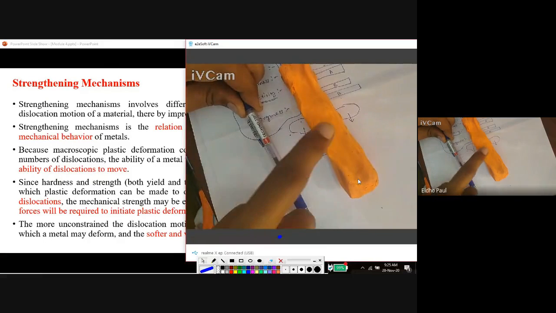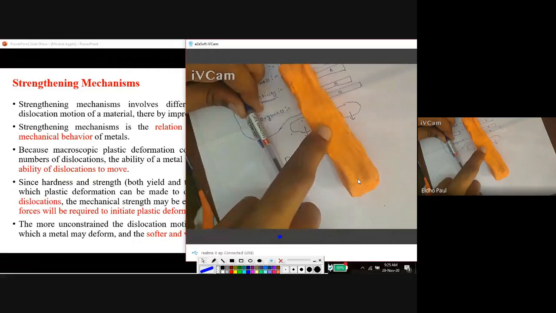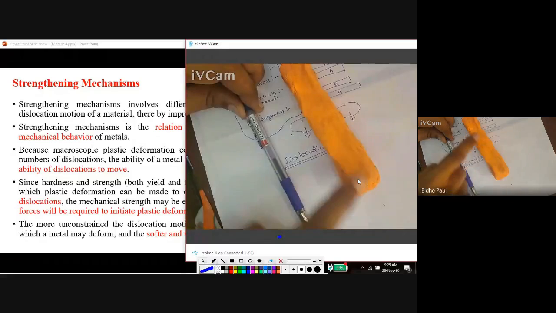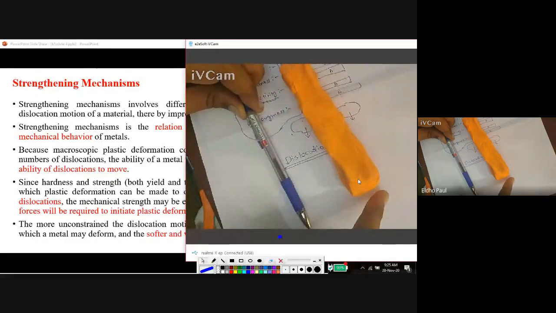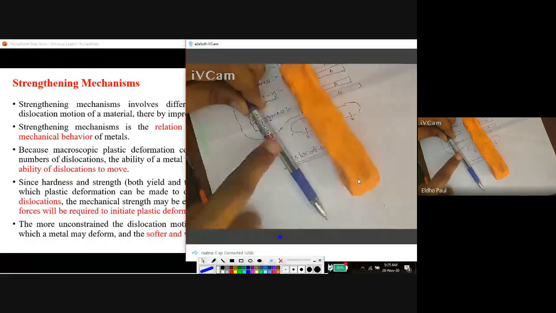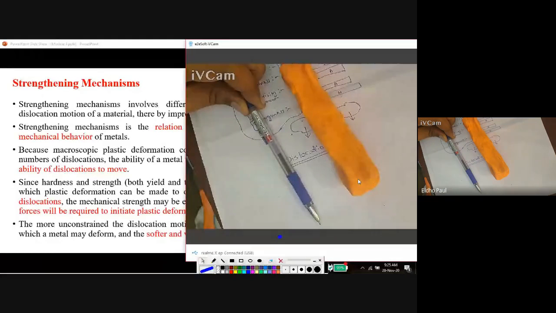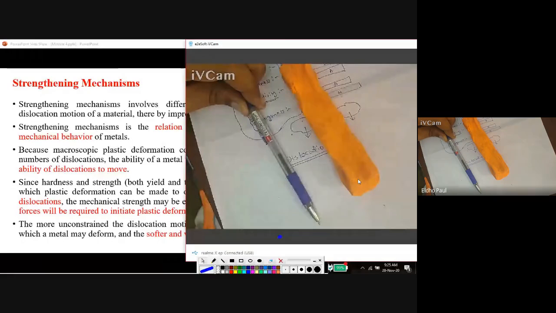That means in the first one, there is no mechanism to resist the motion of dislocation. The dislocation can easily move, and finally a deformation is developed. But in the other material, it is very difficult to move the dislocation along the material. We are using some mechanisms to resist the motion of dislocation, thereby we can improve the strength of the material.